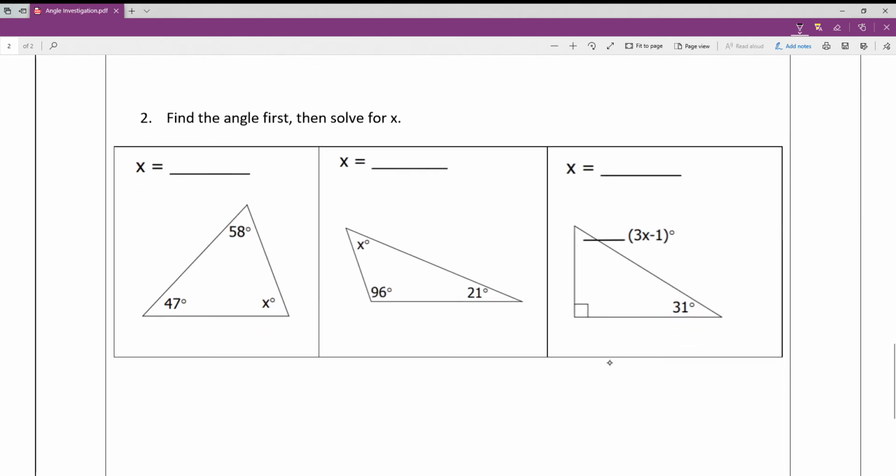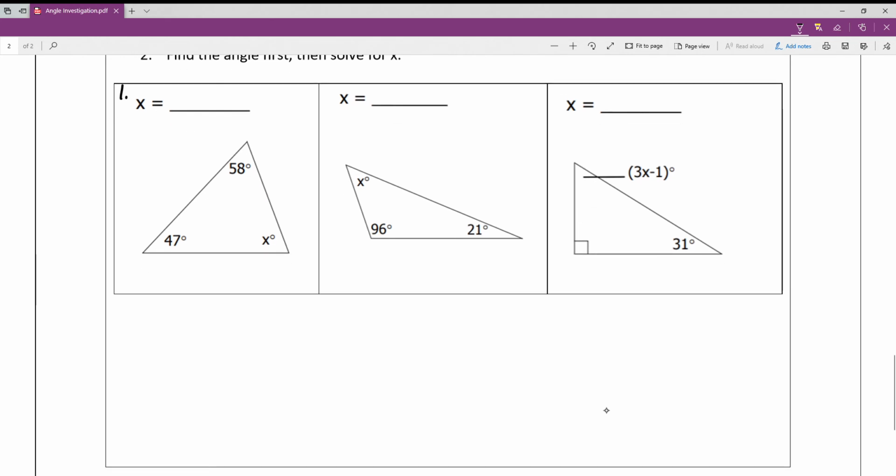In the second question, what we need to do is find the angle first and then solve for x. So in the first one, it's pretty straightforward. The angle is x. So we have 58 and 47. So we know all the angles add up to 180. So we can write a little equation here. 180 is equal to 58 plus 47 plus x.